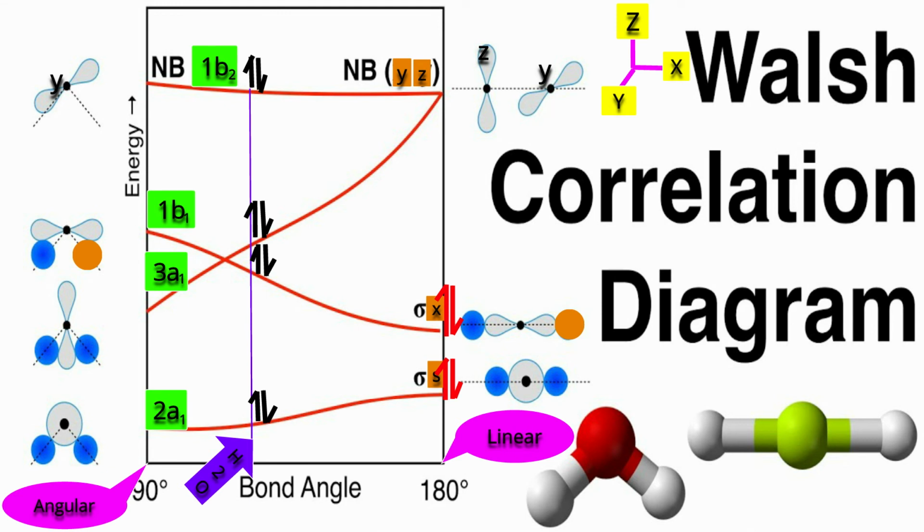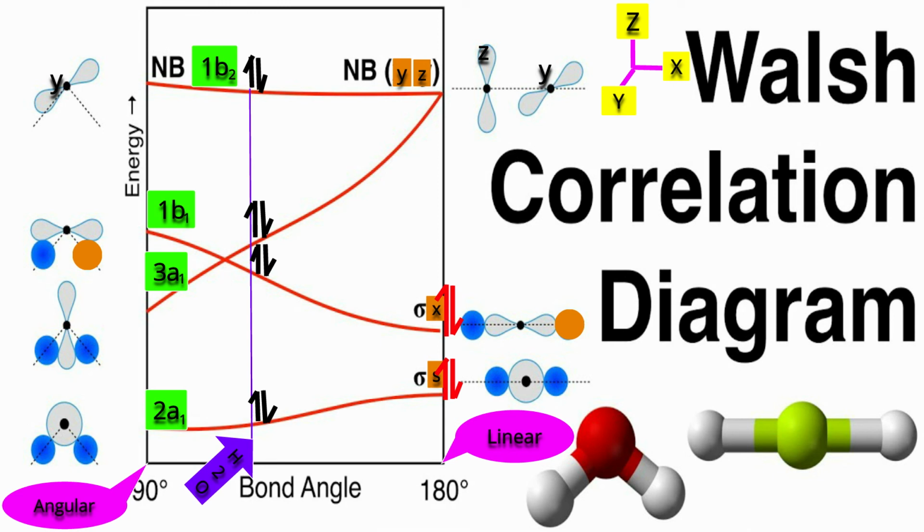Okay, let us talk about the others. Electron in 1b1, which will turn to sigma x, will be happy because its energy will decrease. Electron in 3a1 will be unhappy because its energy will increase and that molecular orbital will turn to a non-bonding Z orbital. About non-bonding, that's 1b2, no more point to discuss.